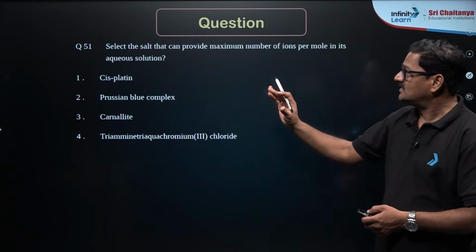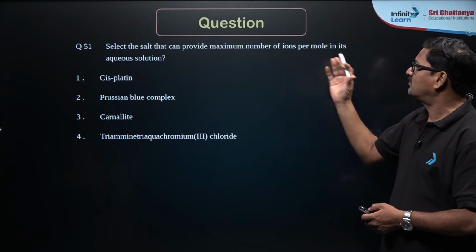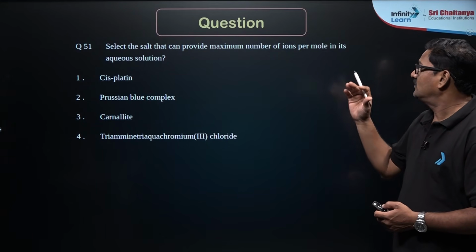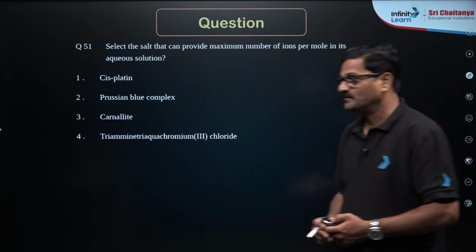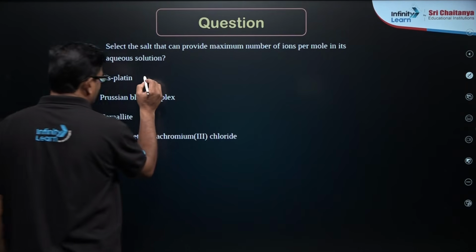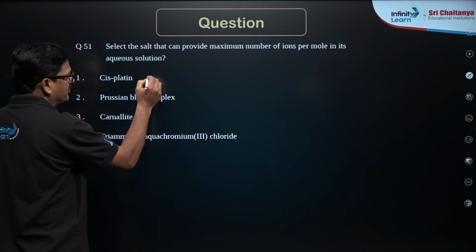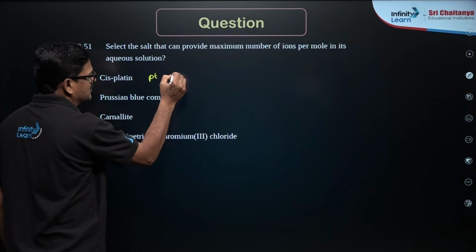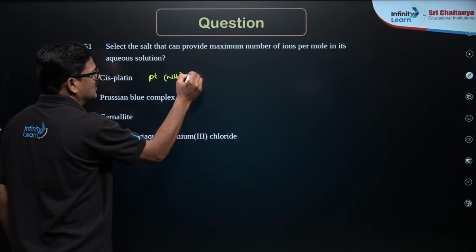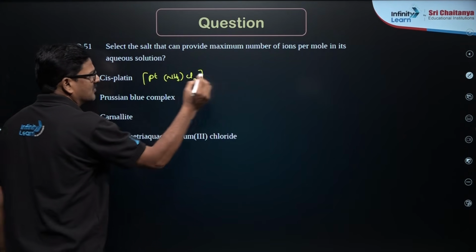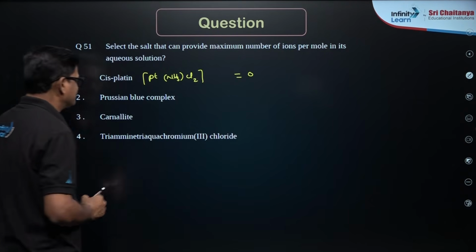Students, this question: select the salt that can provide the maximum number of ions per mole in its aqueous solution. Cisplatin, that is Pt(NH3)2Cl2. It does not ionize. The number of ions is going to be 0.